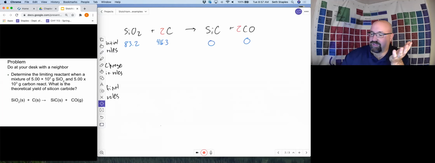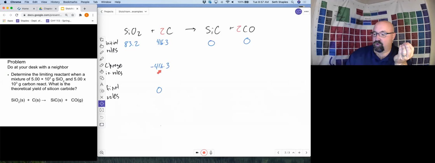And so let's start first with maybe assuming that carbon is our limiting reactant. So that would be our reactant that ends up at 0 moles. And so in order for that to change, we would have to have negative 416.3. Now, if we look at what our ratio is, for every 2 carbons that we lose, we only lost 1 silicon dioxide.